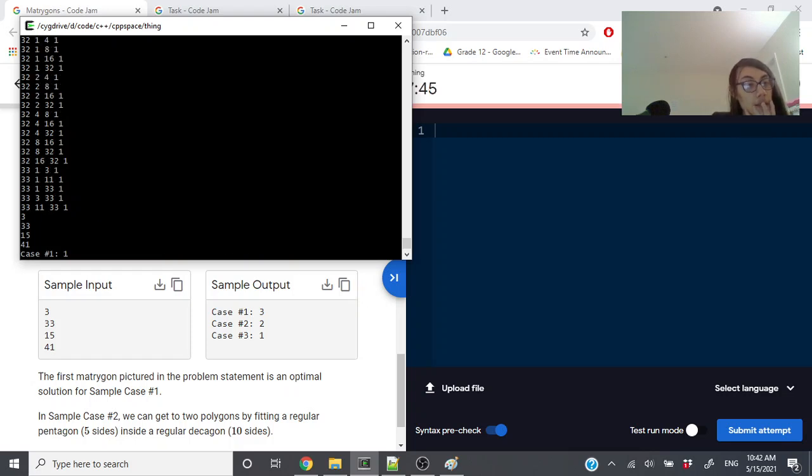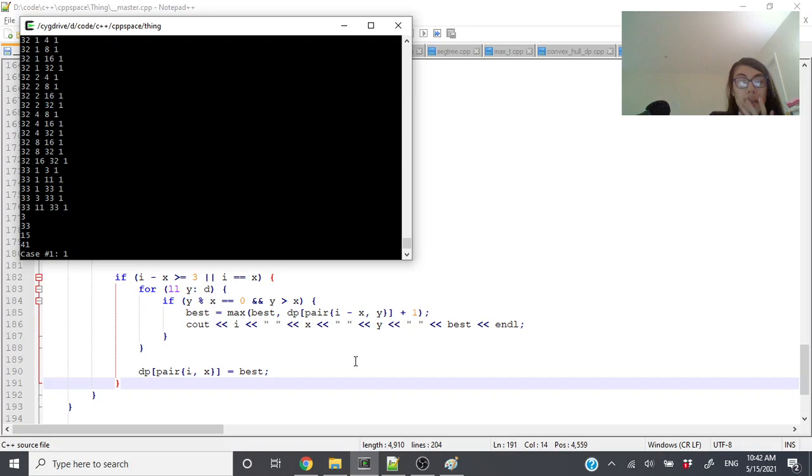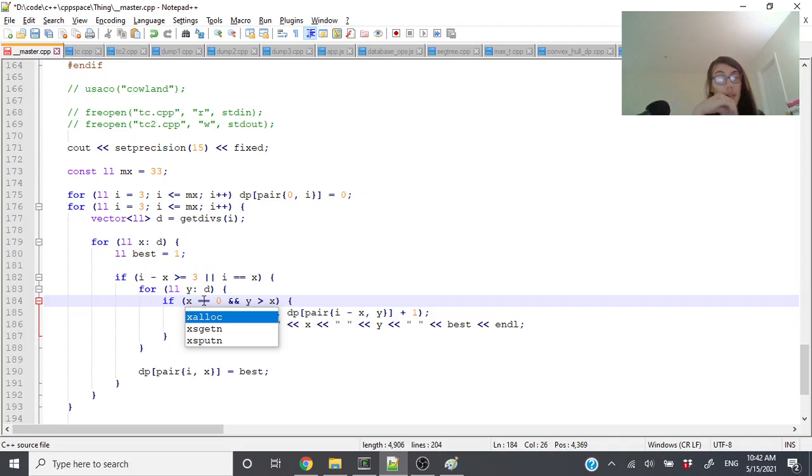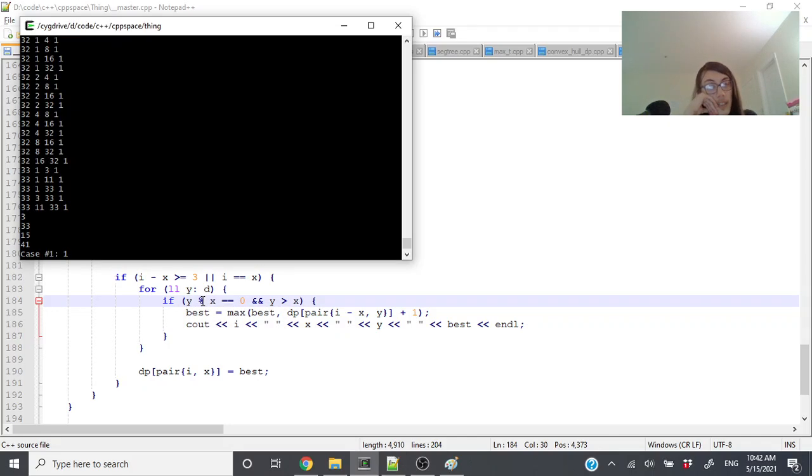Okay. So for 33, we consider its divisors. Consider the divisors of those divisors. Why are we considering the divisors of the divisors? Oh wait, this should be x mod. Wait. No, this is the next thing we take.